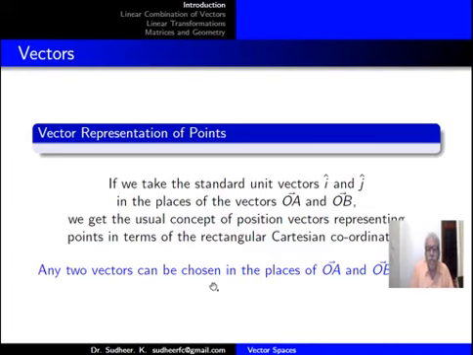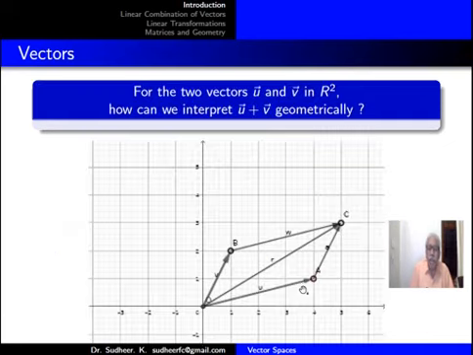Any two vectors can be chosen in the places of OA and OB. So you get the vector OP resolved into the directions of the two vectors OA and OB chosen as per your convenience. For the two vectors u and v in R2, can we interpret u plus v geometrically?